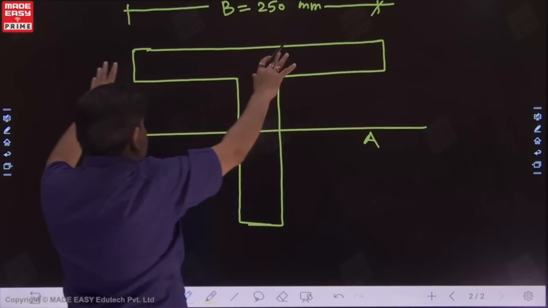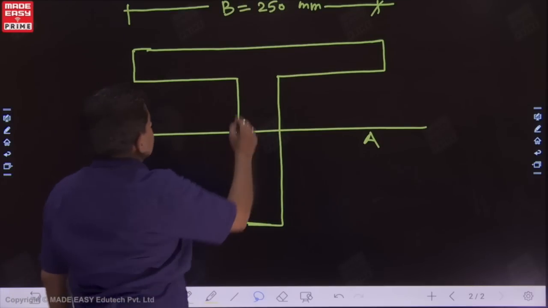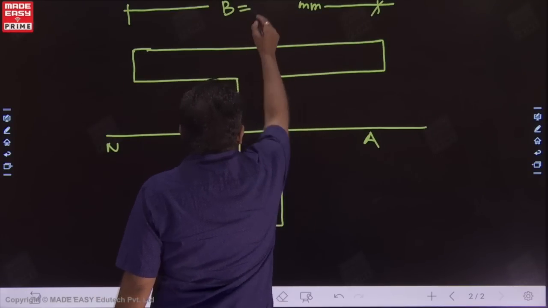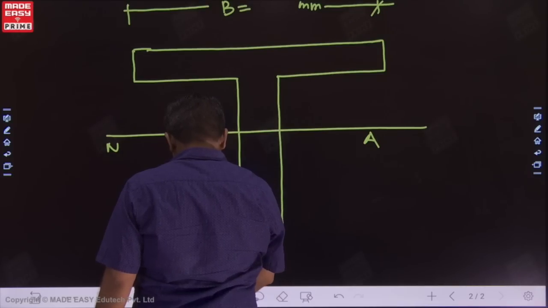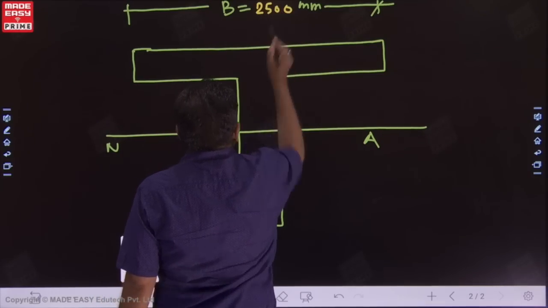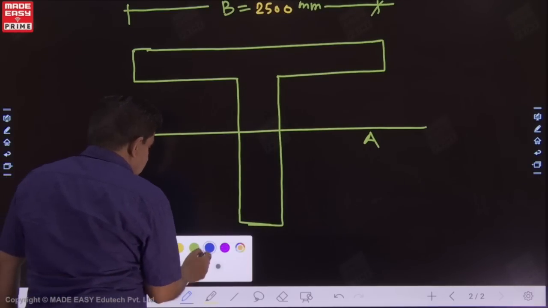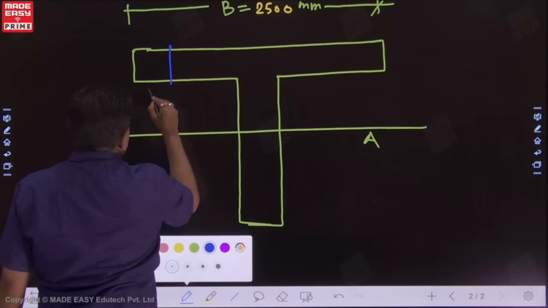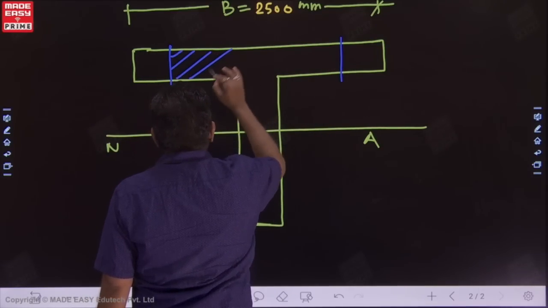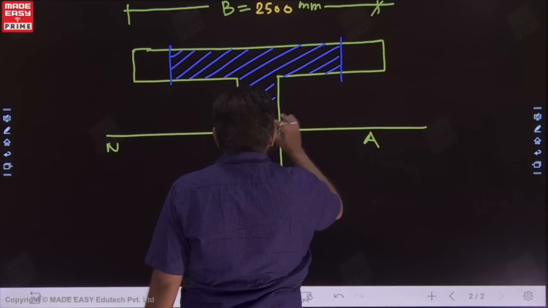But we will not consider this 2500 mm. We will consider only a limited portion of the width of flange as the flange width for analysis purposes.